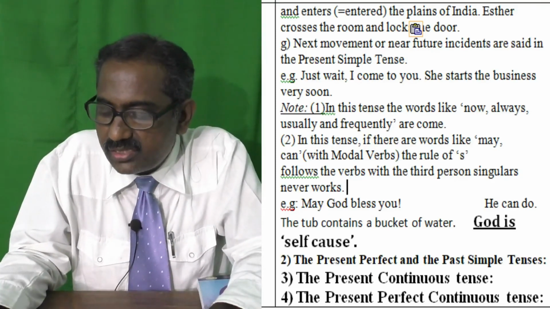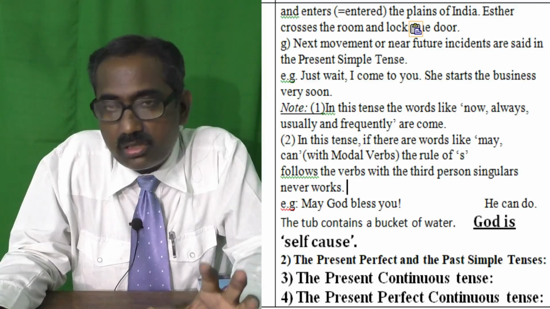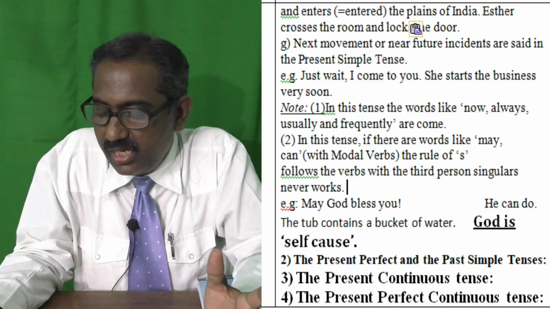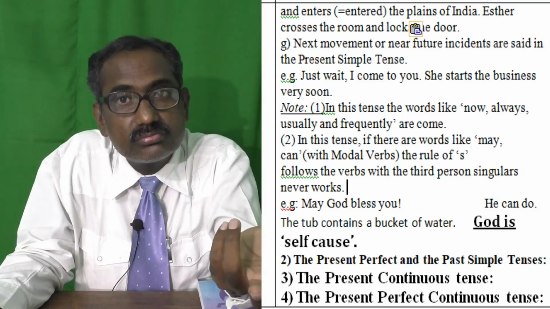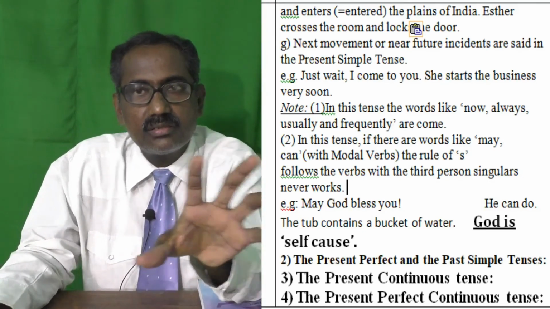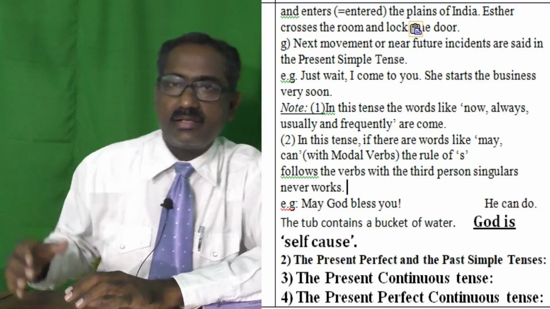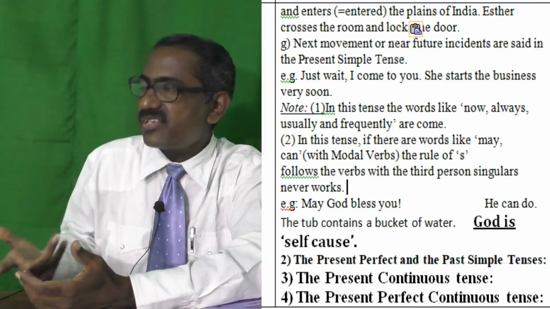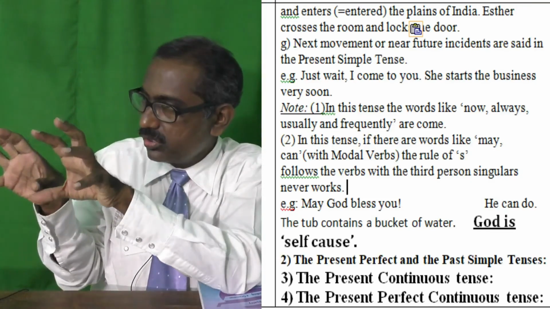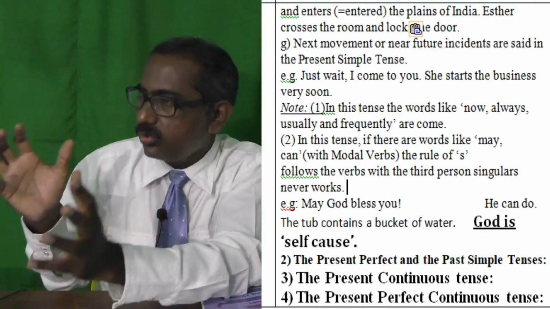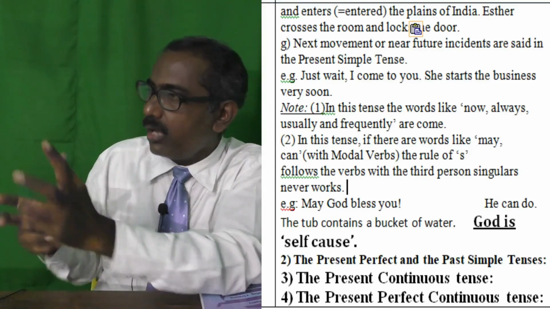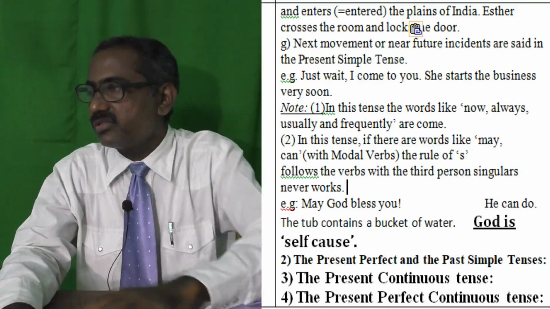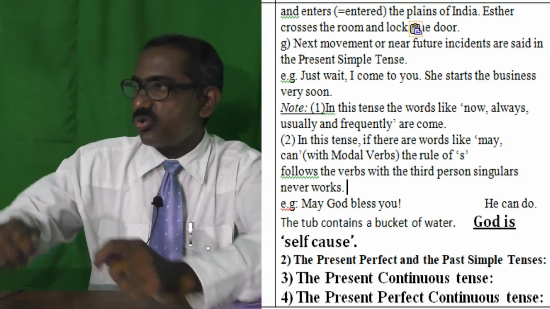At the same time, for drama and movie directions, we use present simple tense. "Esther crosses the room and locks the door." Simply, a director can explain the action to the actors like this: "Now the villain comes suddenly and tries to chase you, but the hero comes immediately and tries to rescue you."